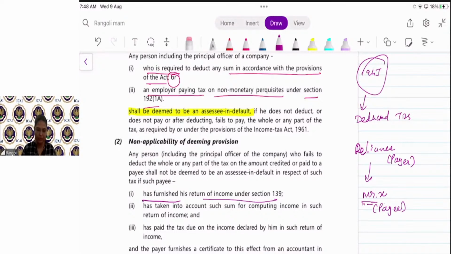Clear, Sudhanshu? You cannot say that the payer has not deducted TDS on this income, so I will not pay tax on that income. Clear?